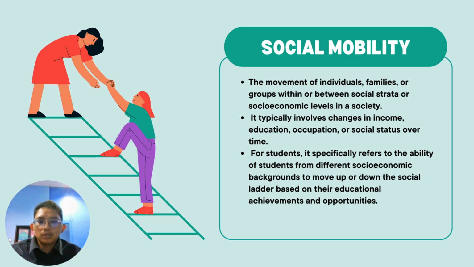For example, if a student is able to enter university from secondary school, and the university is a prestigious one, or he or she is able to learn overseas, this student will be regarded as moving upwards according to the social mobility standards of a student.